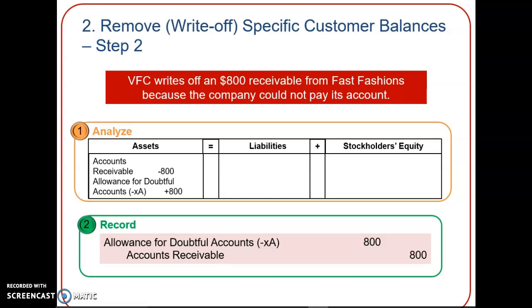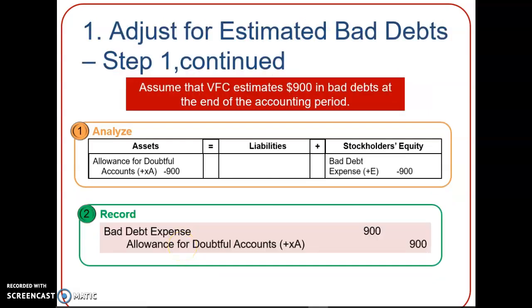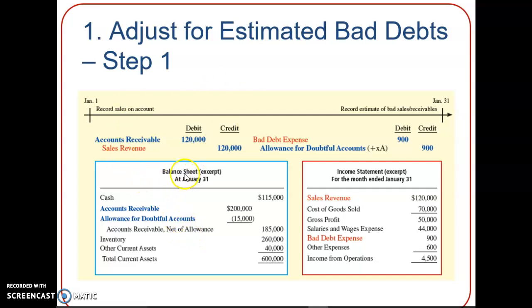But here I have a question for you. What about the net accounts receivable? Remember, if we go back to the balance sheet as at January 31st, the accounts receivable net of allowance is the difference between accounts receivable and allowance for doubtful accounts. Think about it.